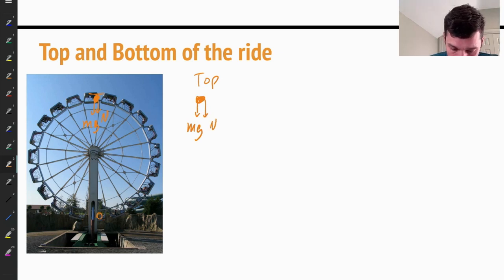Whereas for the folks at the bottom, the seat is underneath them, and so the normal force between them and the seat is upward, but mg is always, as it is, downward. So at the bottom, we've got this for our free body diagram. We've got a normal force upward and mg downward.